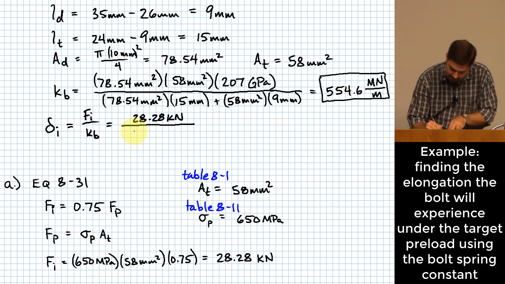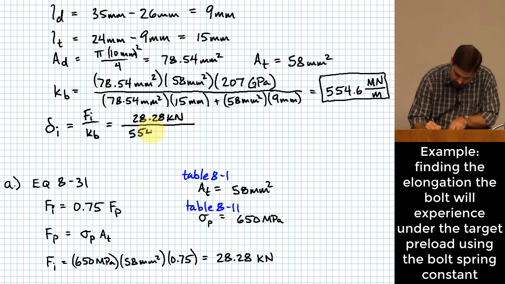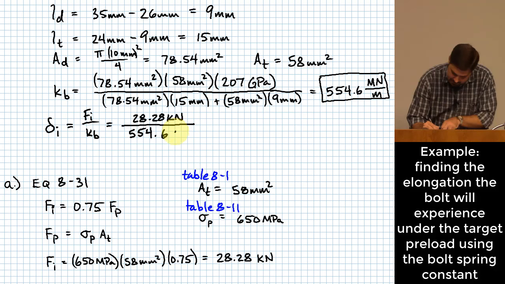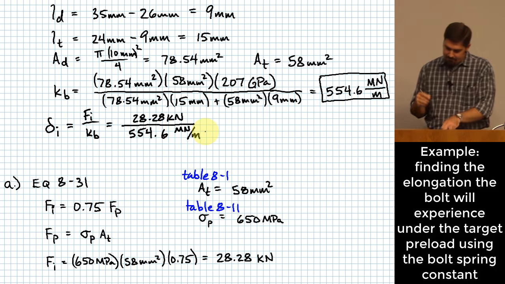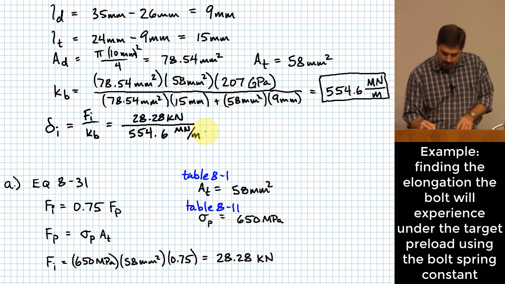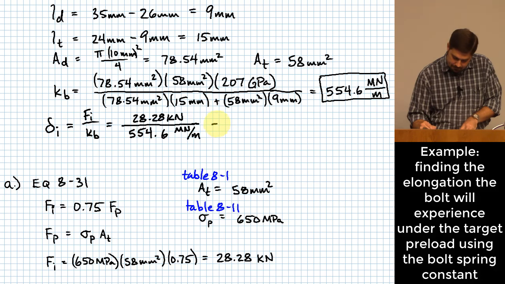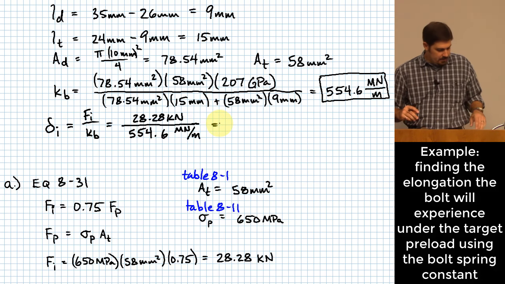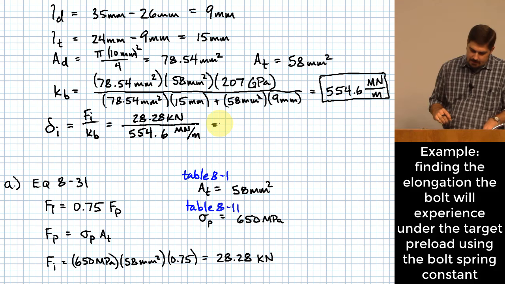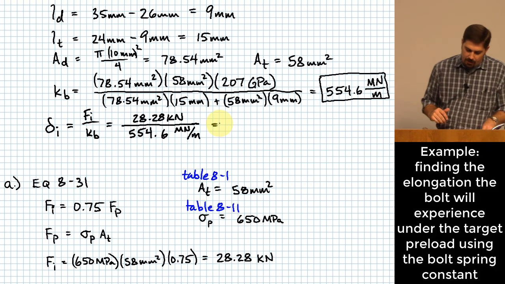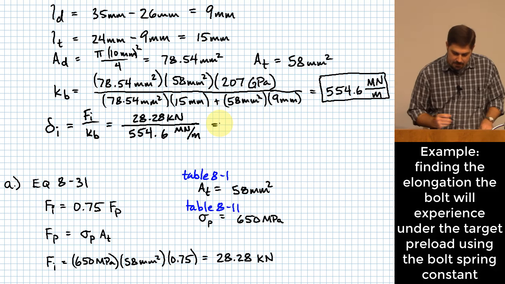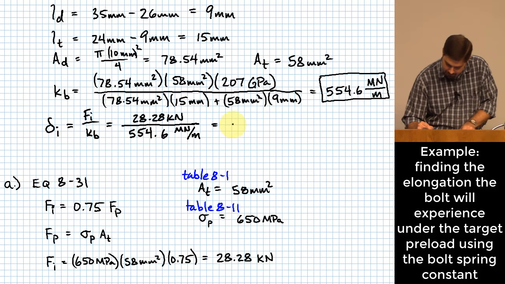This will be divided by 554.6 meganewtons per meter. Okay, and you would want to make sure you dealt with all of these units as you punch these things in. But if you do that, then you should end up with an elongation prediction here of 0.051 millimeters.